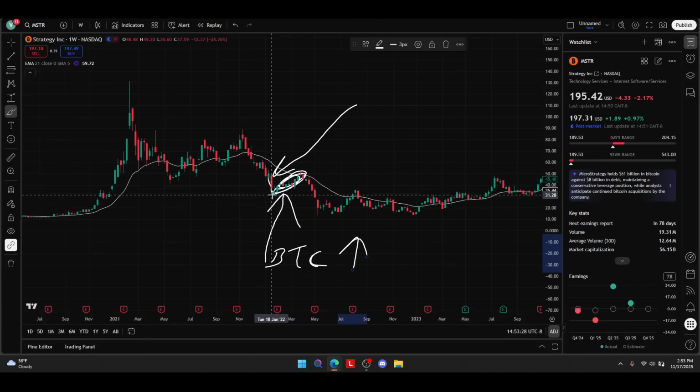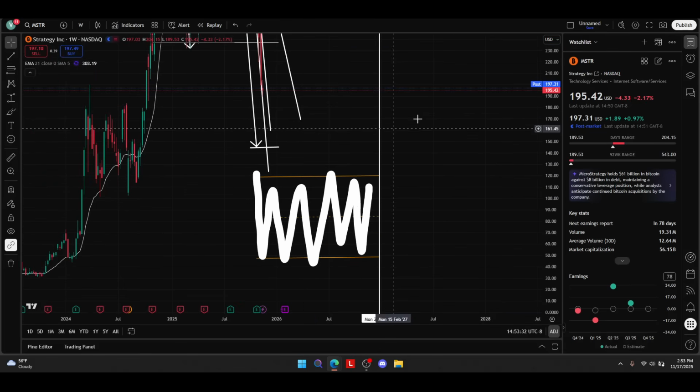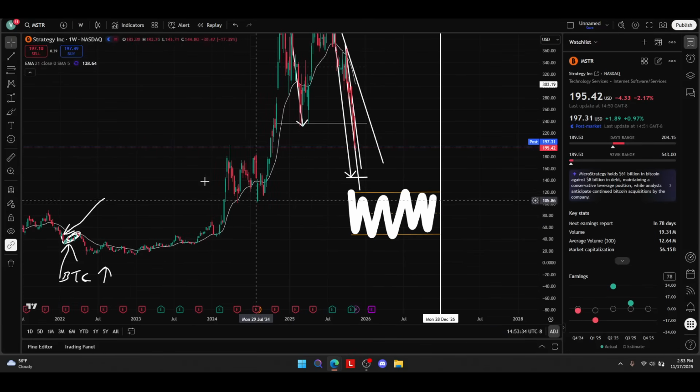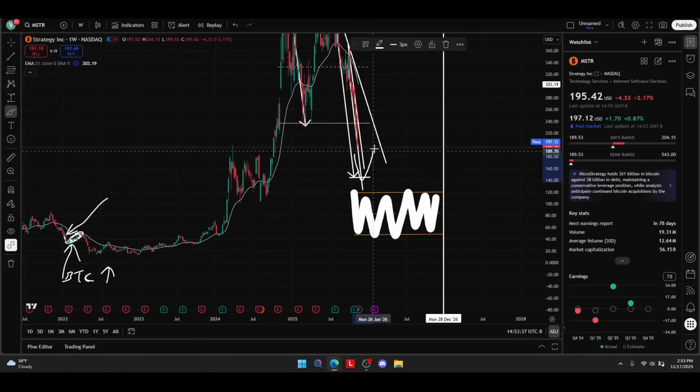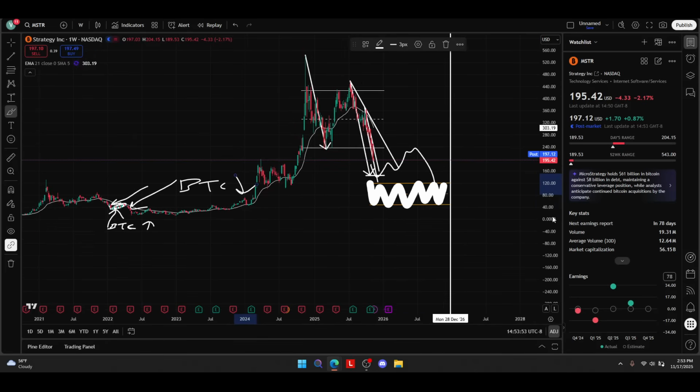This is when MSTR hits 150 right over here, and then it goes up like this. But Bitcoin's at new all-time highs. This one is just damage control at that point, and then it finally sees the crash when Bitcoin starts crashing right here. So BTC goes down, like it crashes. So we'll see if that plays out, but it looks like a very similar pattern to what happened before, and it has been pretty much on point.